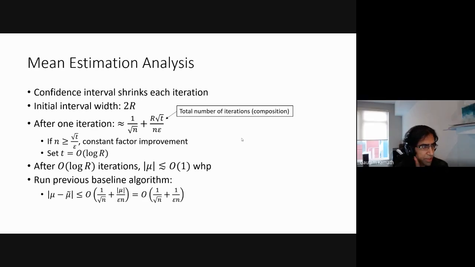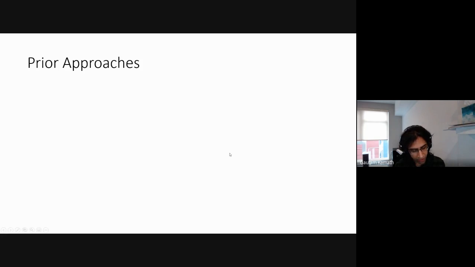Either way, this is just for theory, and this matches the lower bounds. In practice, if you have more samples, it would give you a better improvement automatically, without you having to do any sort of analysis. But yeah, so let me contrast this with prior work.